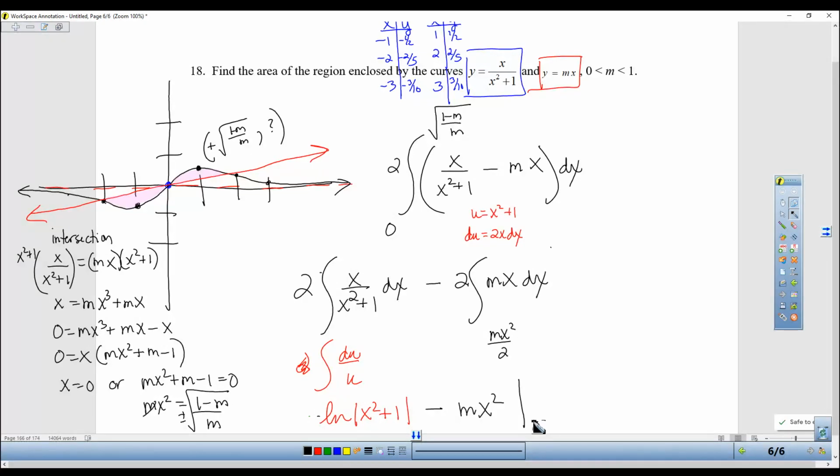From all of this from 0 to the square root of 1 minus m over m, which looks terrible, but luckily both of the x's are squared, so it's not as bad as it looks. This is going to be the natural log of x squared, so 1 minus m over m plus 1 minus m times x squared, which is 1 minus m over m.